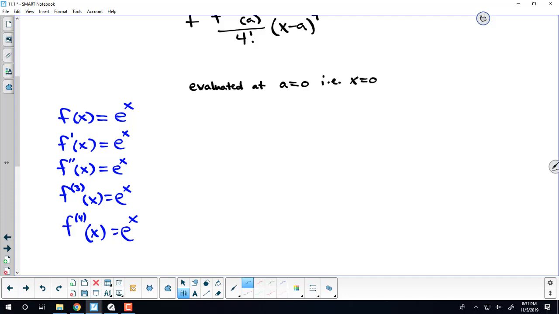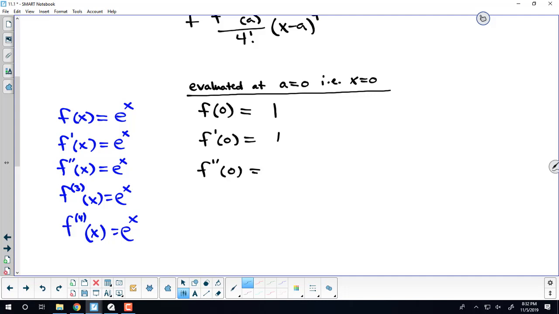As soon as we fix a value, we call it a just to differentiate from the part that's actually varying, but it's really evaluated at x equals 0. So we have f of 0 is e to the 0, which is 1. We have f prime of 0, e to the 0 again. F double prime of 0 is also 1, and so forth.